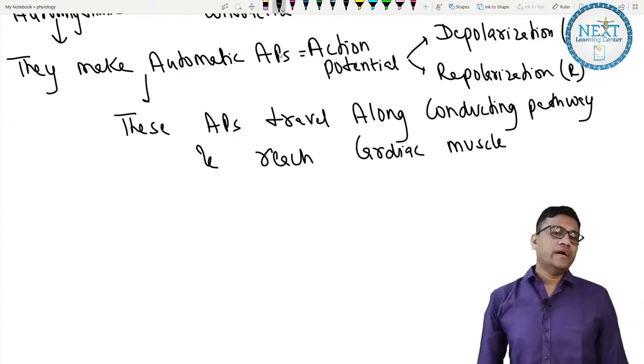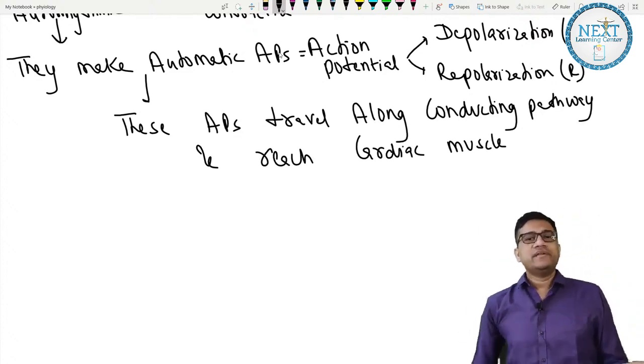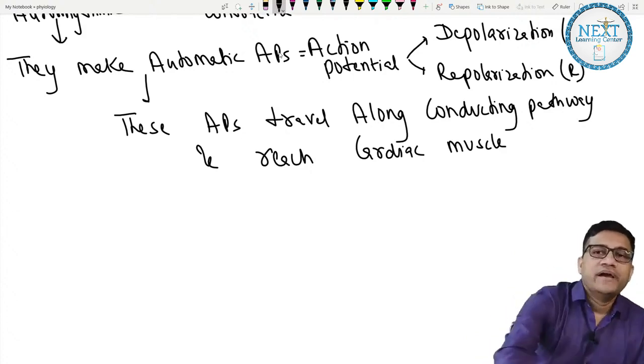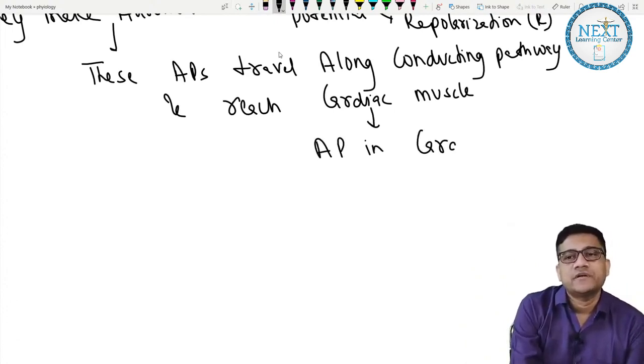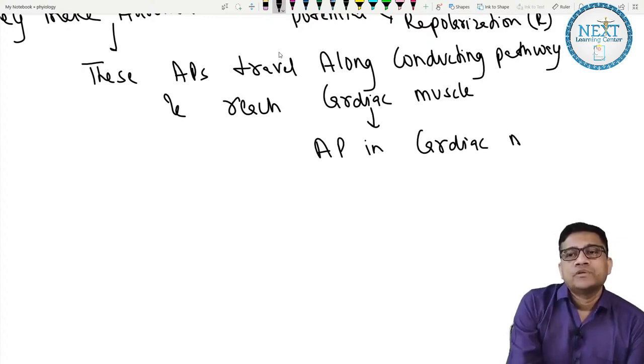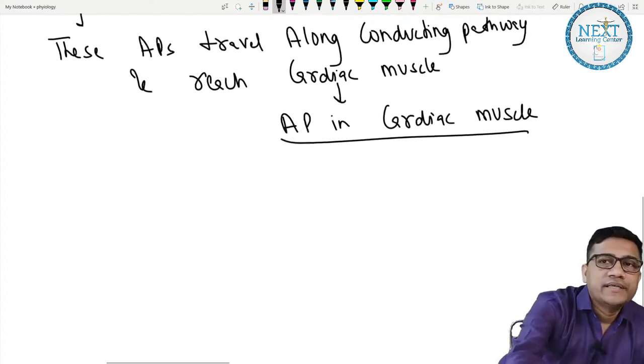Are you clear? Once they reach the cardiac muscle, what happens? They cause an AP in cardiac muscle. So they produce an AP in cardiac muscle.